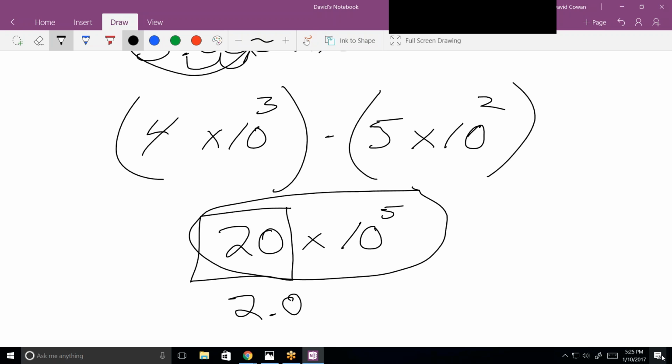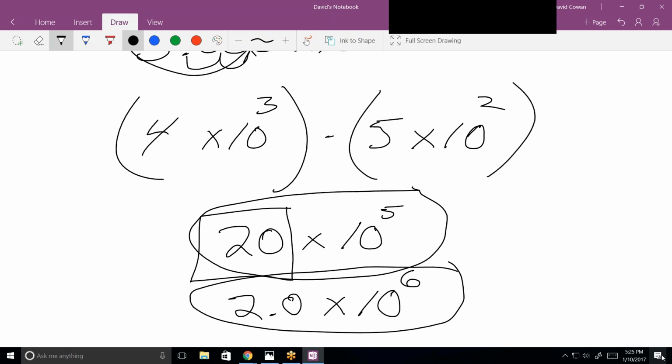But by doing that, I got to add one more to that number right there. So this is actually the correct answer in scientific notation, 2.0 times 10 to the 6th. You see what I did?